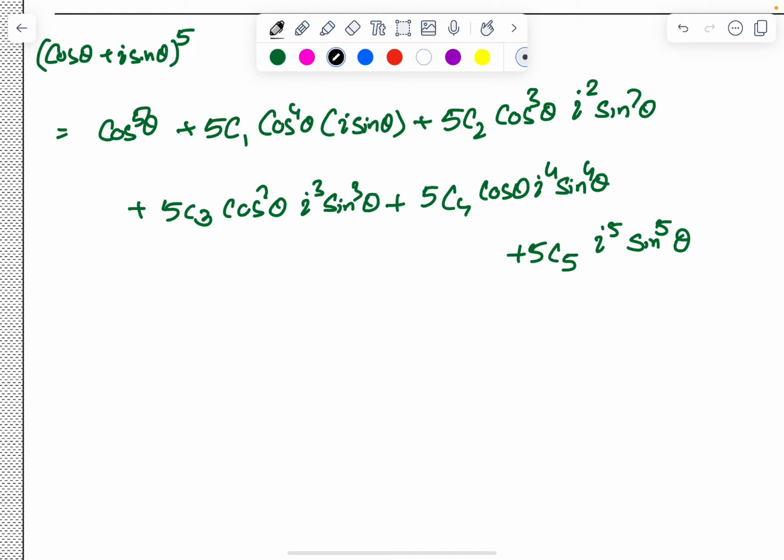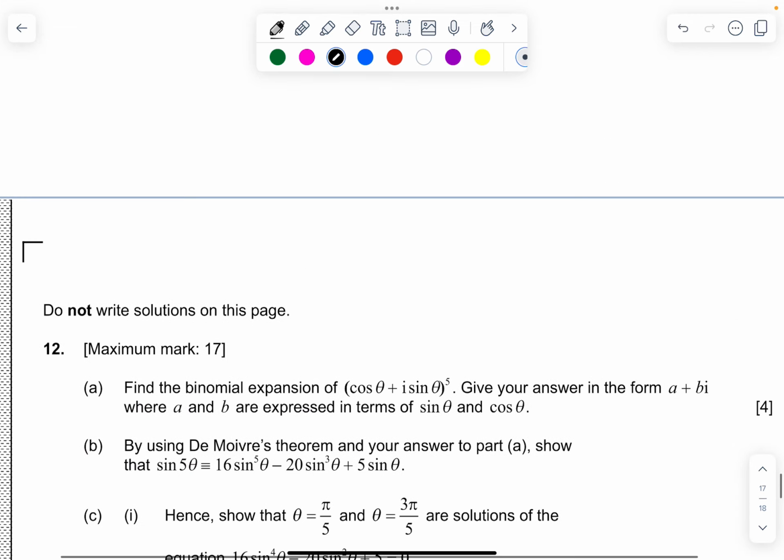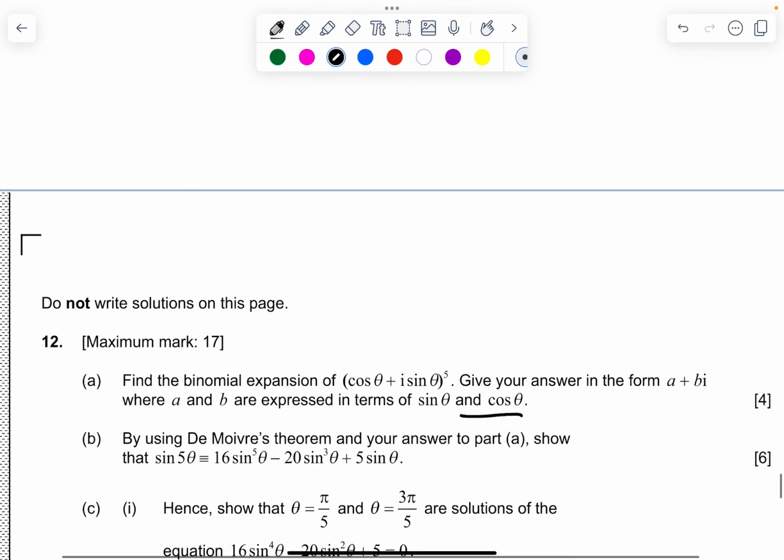So what does that become now? Cos power 5 theta, and how do I write it out in terms of cos theta and i sin theta?